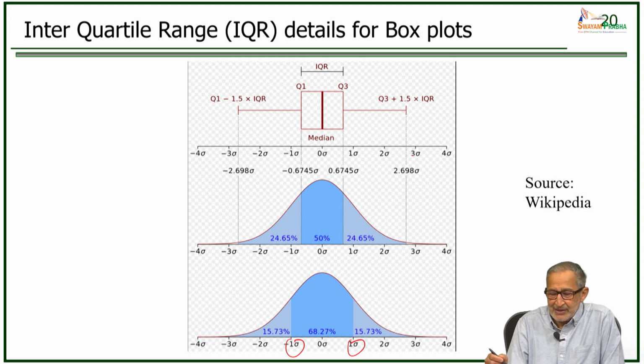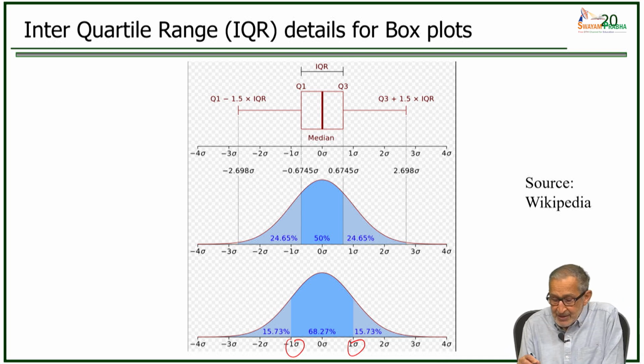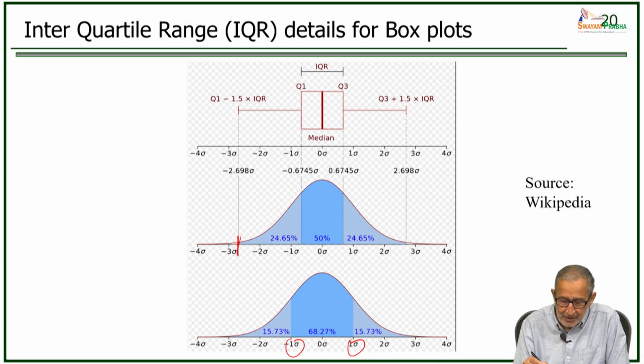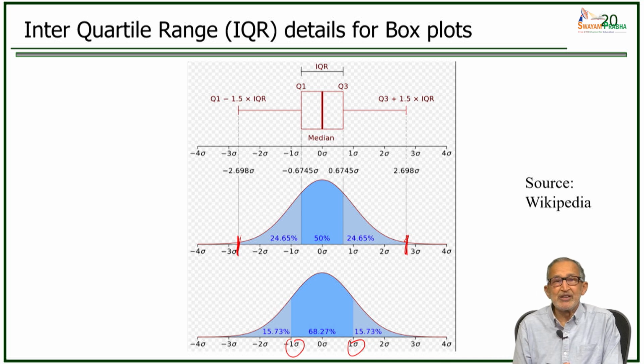This is not exactly plus or minus 3 sigma, it is just under 3 sigma. So that corresponds to roughly 99.3% of the entire data set. So the data set between here and here is roughly 50 plus 24.65 times 2, so this is 99.3% of the data.